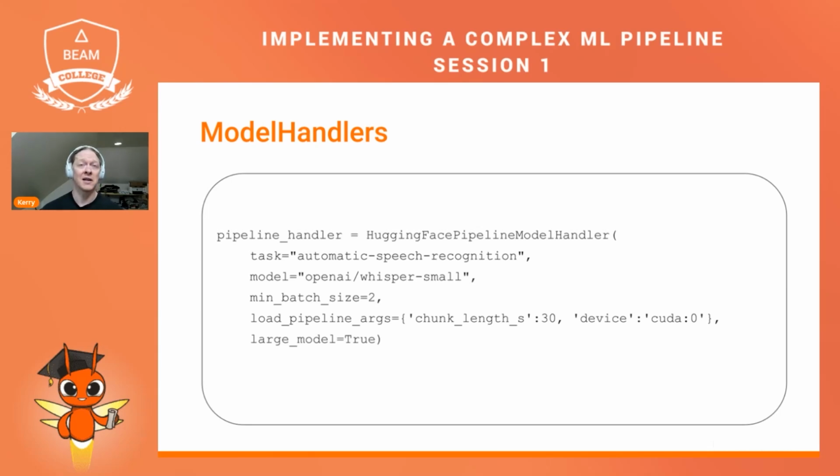In this case, this is a speech to text model. And so we're going to have the length of video or a length of audio that it needs to break up, and also the device, the GPU, that we're going to be doing our inference on. And lastly, we say that this is a large model so that we know how to handle the loading of that model into the GPU correctly.